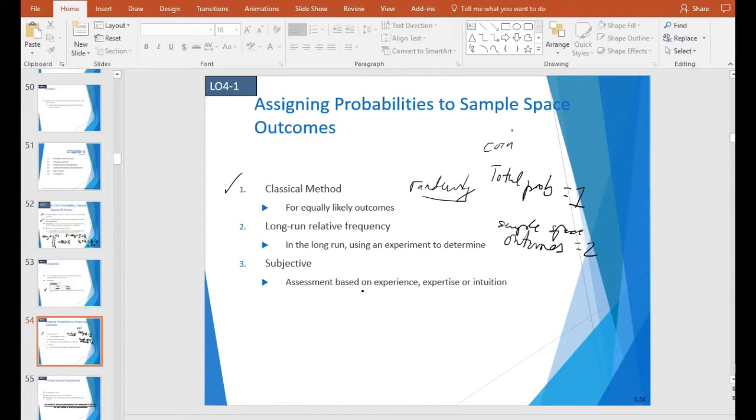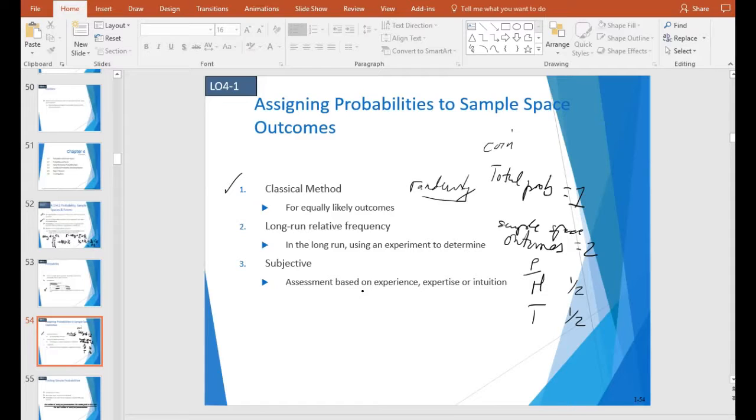And so then the probability of each outcome, so heads, tails, I'll just put P, is going to be 1 divided by 2, or 1/2. So that's classical.